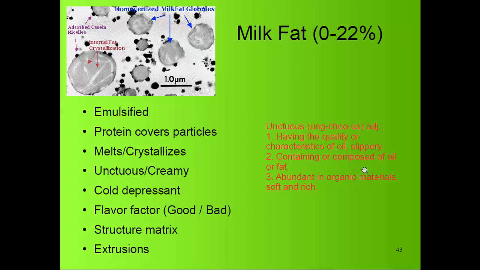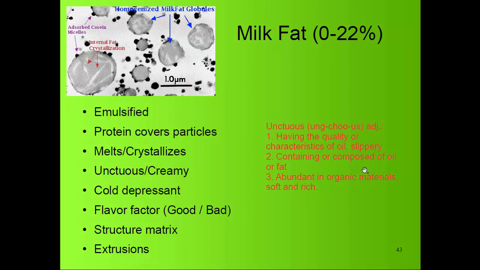Also in the ice cream, we have 0 to 22% milk fat. So this is emulsified, and what we find is that the protein covers these particles of fat. So if we look at the fat globules, there'll be protein covering them.